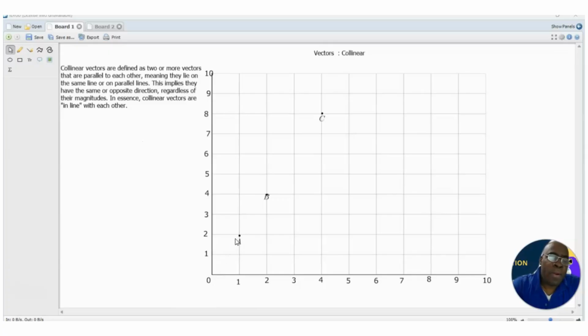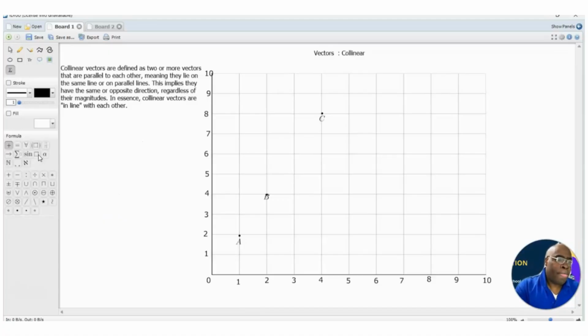Good. Now, we have vector AB, vector BC, and also vector AC. So, let's write vector AB quickly.